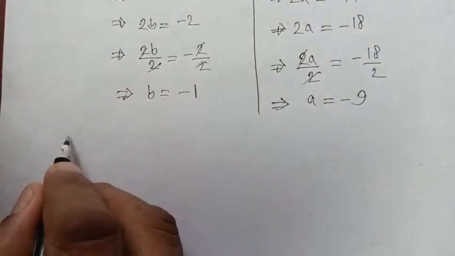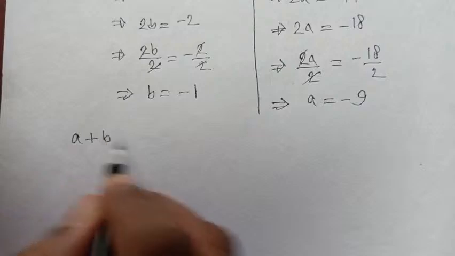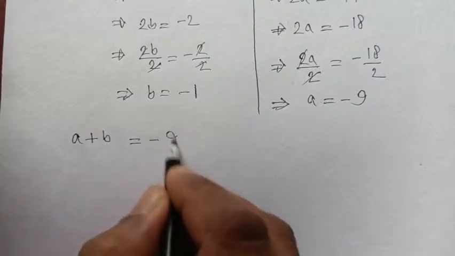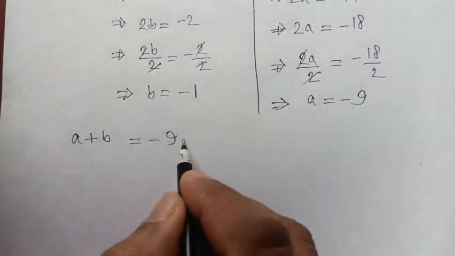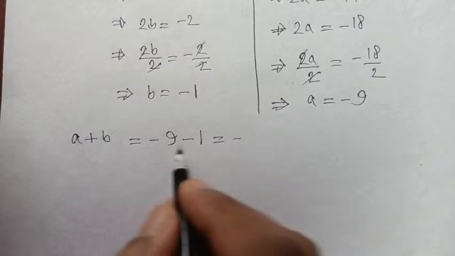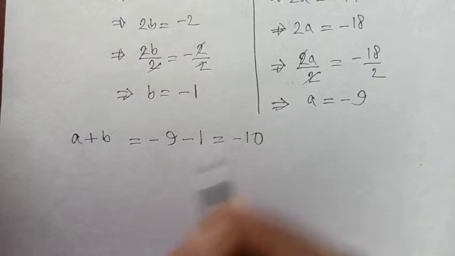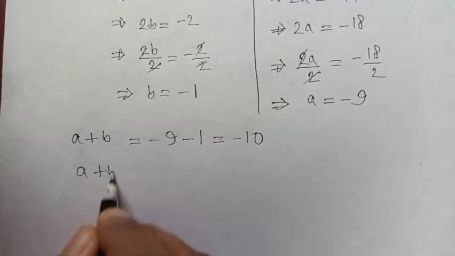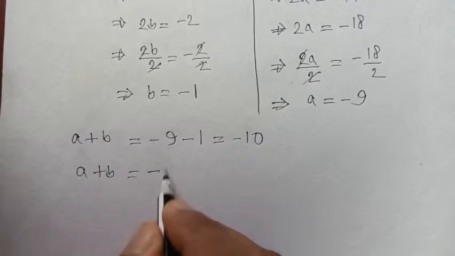So here, if we find the value of a plus b in the first case, a plus b equals minus 9 minus 1, which equals minus 10.